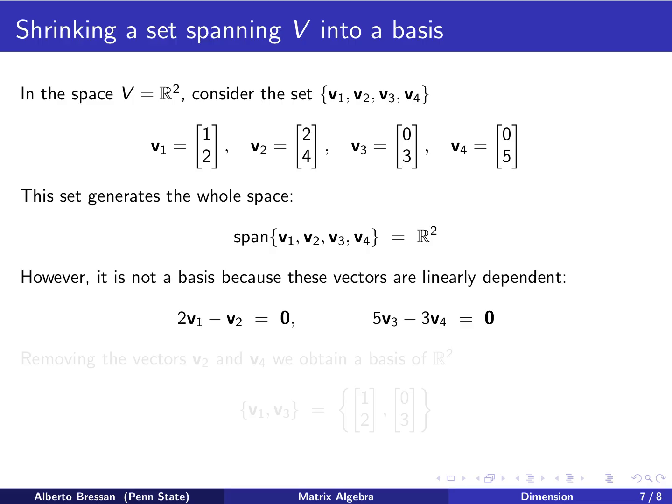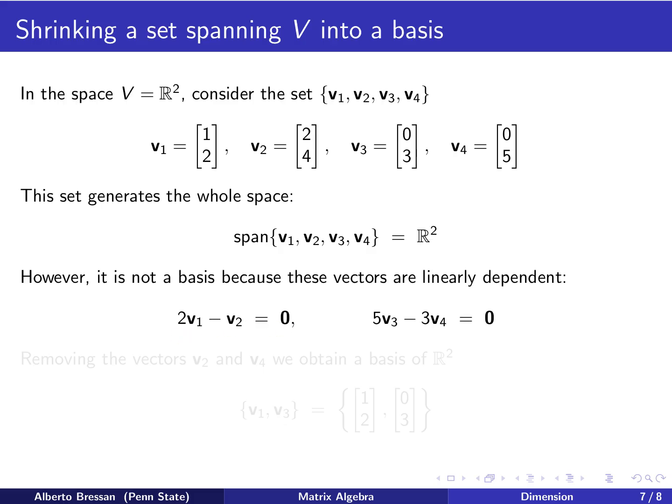They're actually linearly dependent. We can easily observe that, for example, between V1 and V2, V2 is just V1 times 2. So 2 times V1 minus V2 is the 0 vector.